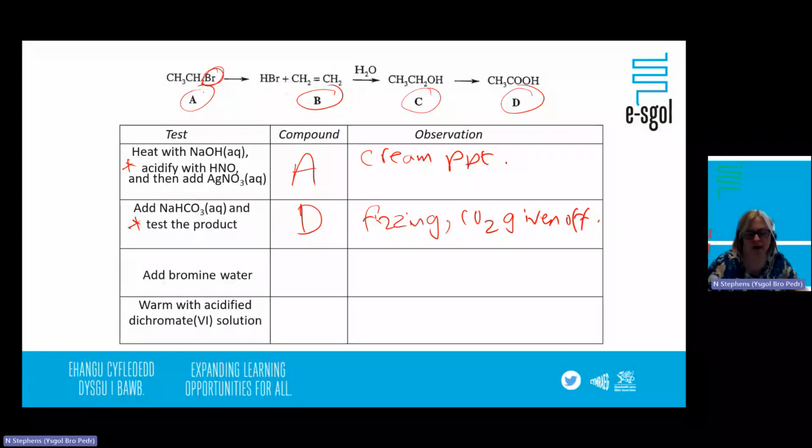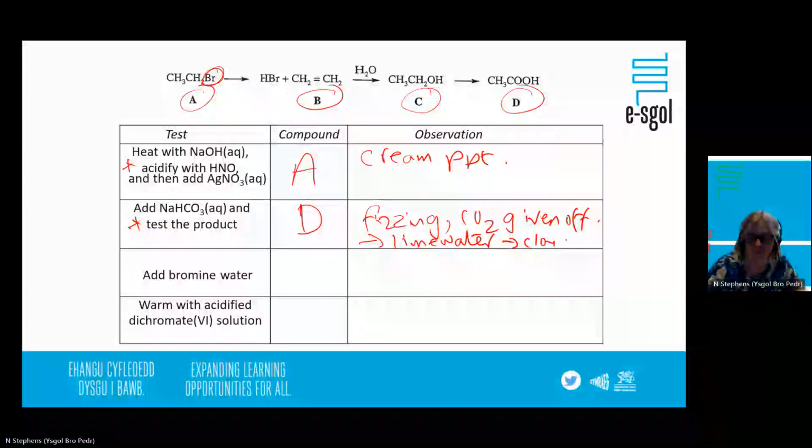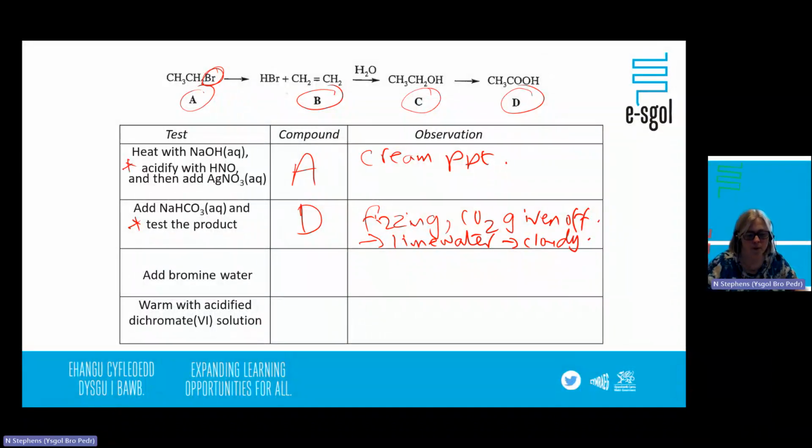You could well then beef that up by saying that that can be confirmed by using lime water, which then becomes cloudy. Bromine water we know is a test for unsaturation, so we're then identifying B, and the test would be that it goes from orange. Do not be tempted by that clear. Orange becomes colourless.